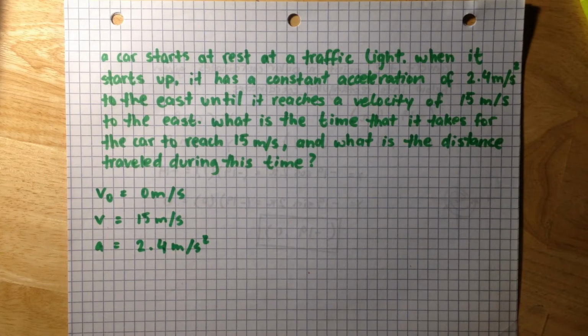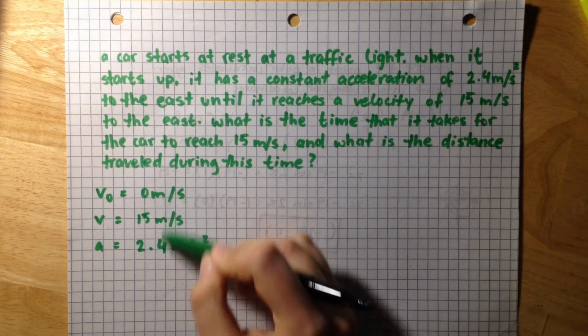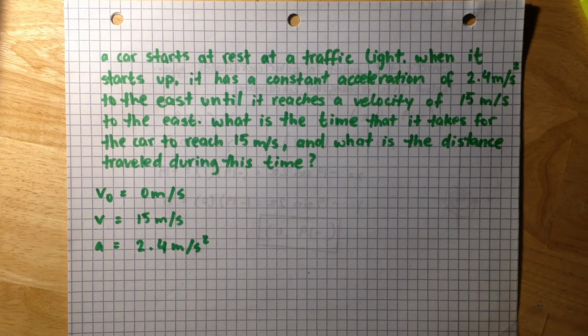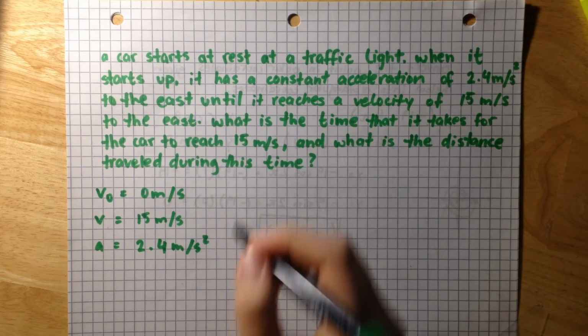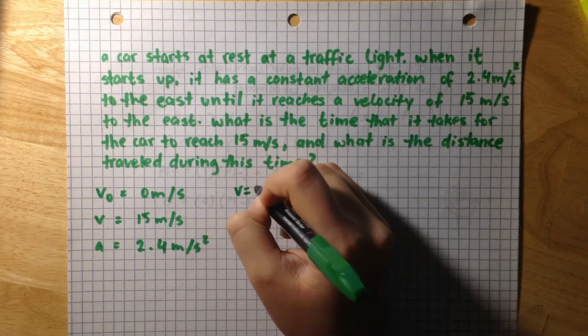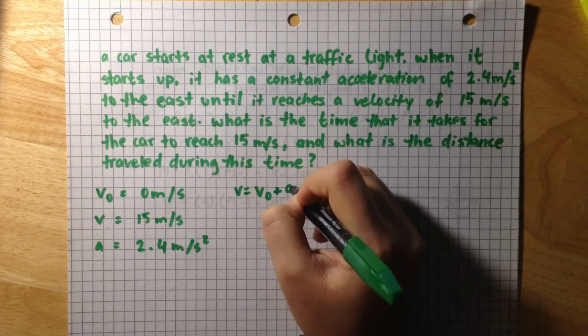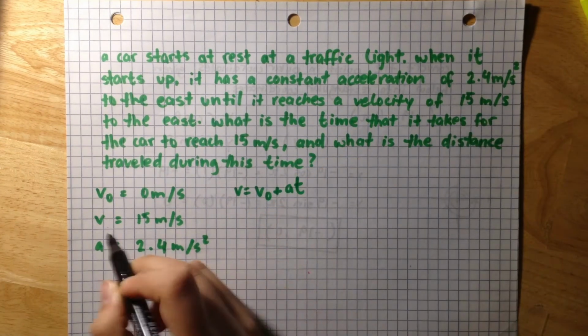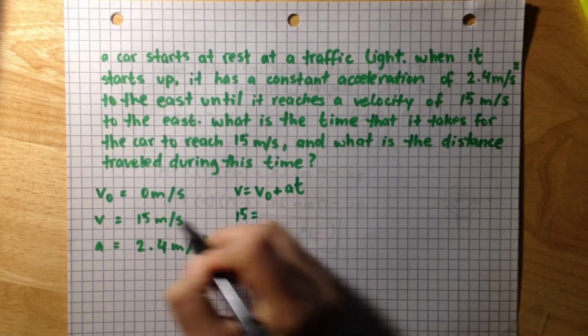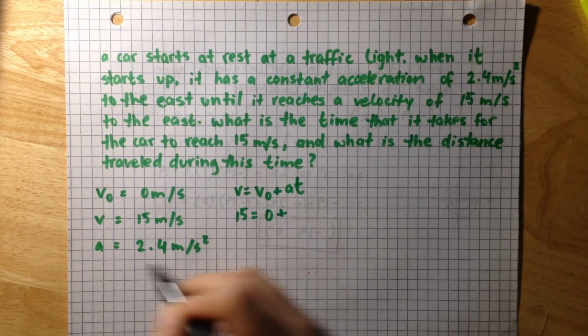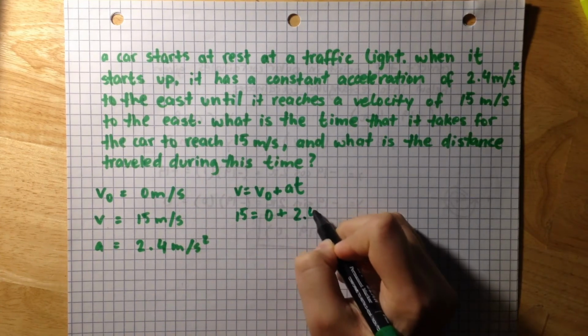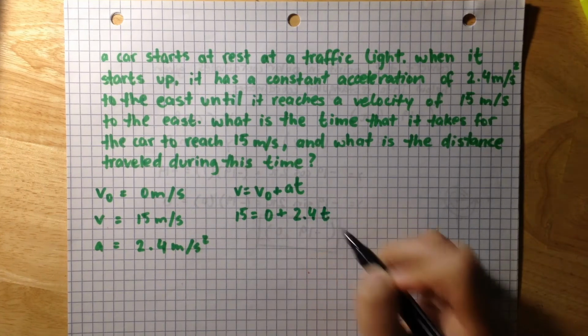So now we must find a kinematics equation that includes these three things and that we can use to solve for the time. And that equation is v equals v naught plus at. So final velocity 15 equals initial velocity 0 plus acceleration 2.4 times the time, which we are finding.